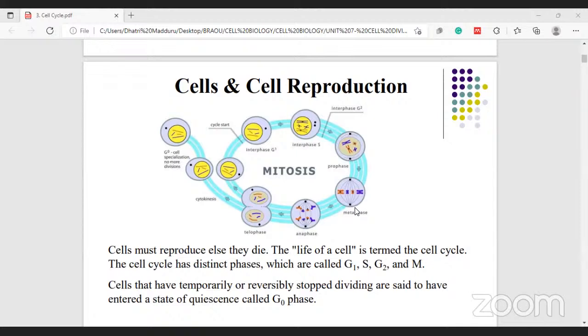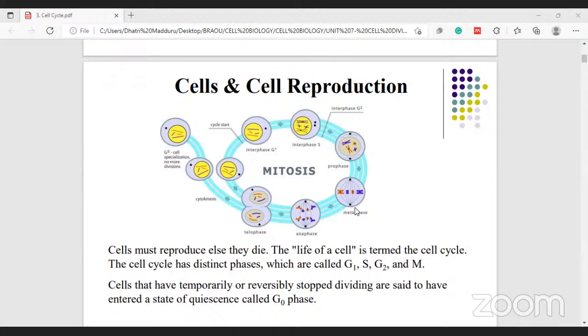In eukaryotes we usually have different phases: G1, S, G2 and M. G1 and G2 are gap phases, S is the synthetic phase, and M is mitosis and meiosis. Cells can be stopped temporarily.